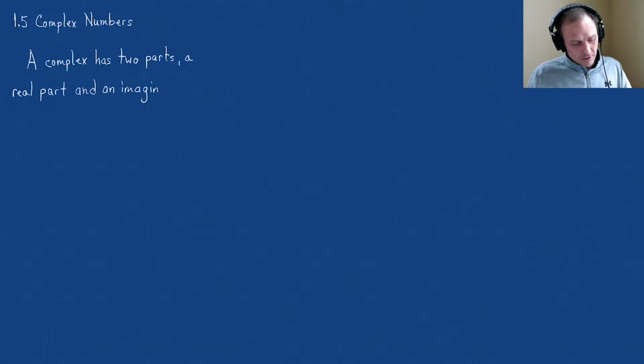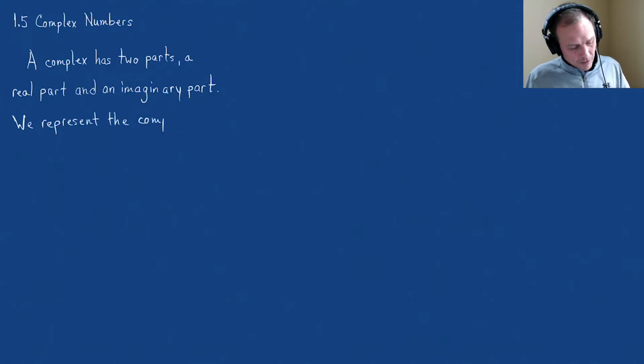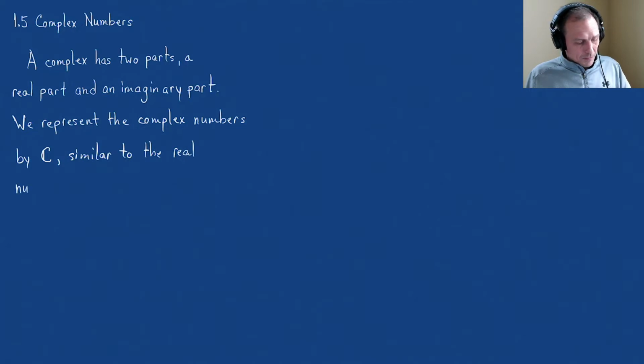So usually we would represent the complex numbers by capital C with this bar in the back, which is very similar to the real numbers, when we represent them with this capital R with the extra bar on the back.